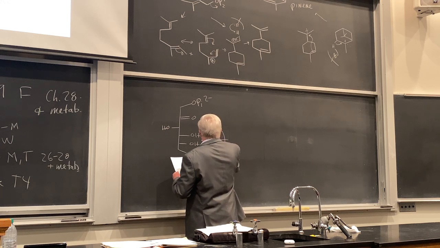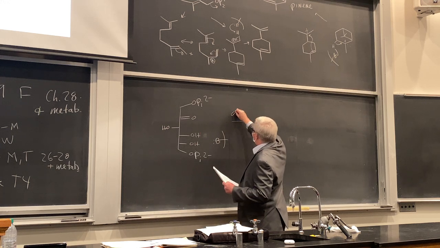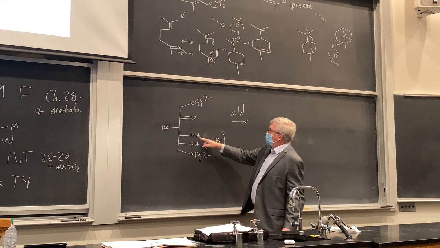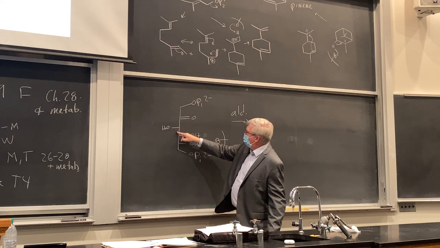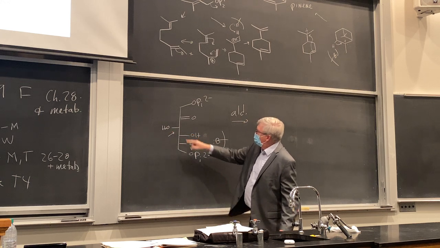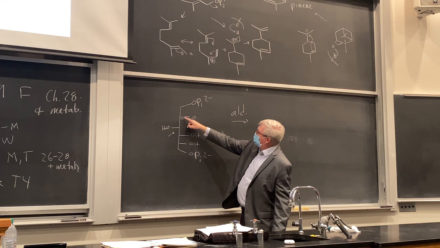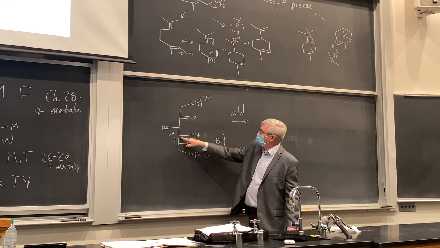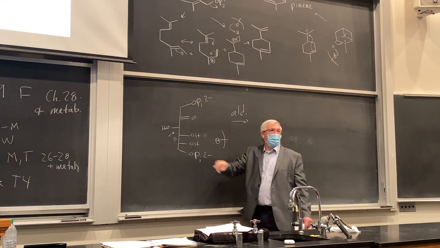Well, it has a base here. This is aldolase, right? And it's the name of the enzyme. And so let's see. The bond we need to break is right here, right? And how are we going to break that? Well, you see here's our ketone, and at the beta position to that ketone is this position at C4, okay?